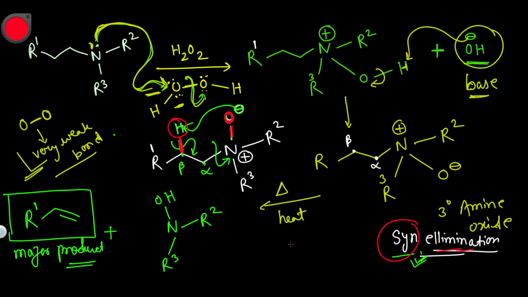So O minus and this hydrogen should be on the same side, so that this O minus will abstract this beta proton, and then you will get a major product as an alkene by elimination reaction.